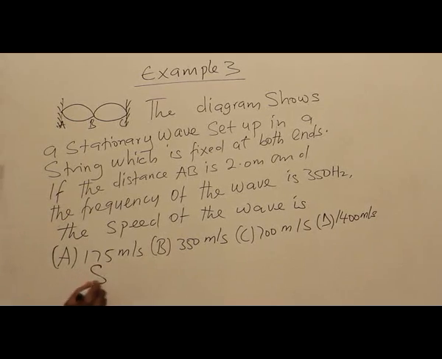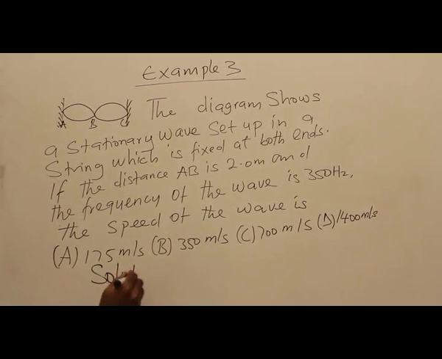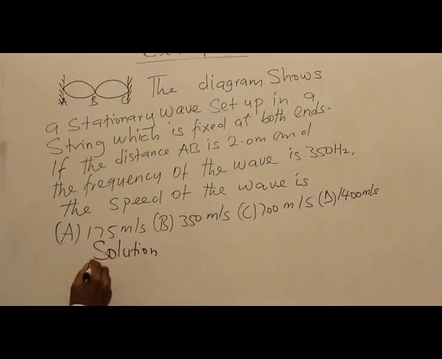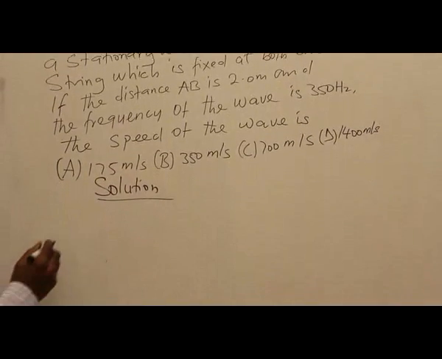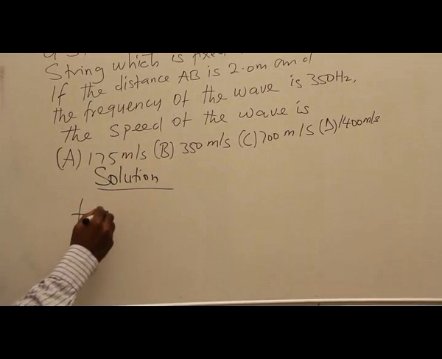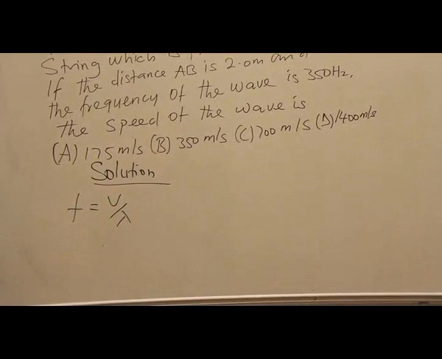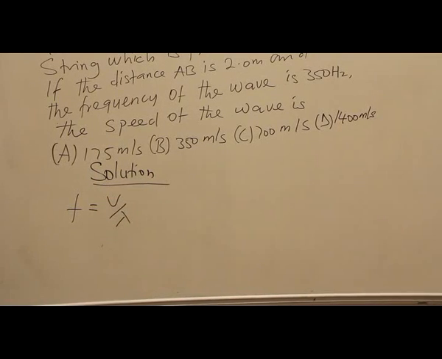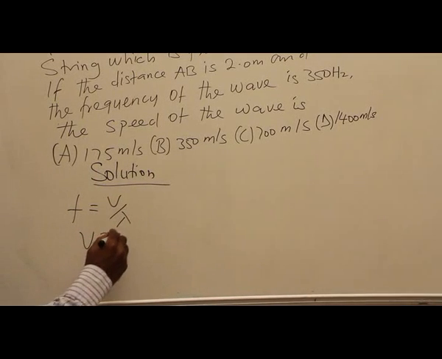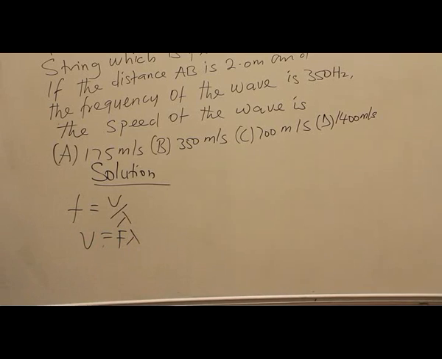Solution. The formula here, F is equal to V over lambda. But we are calculating V, so we make V the subject. So V now will be F lambda.